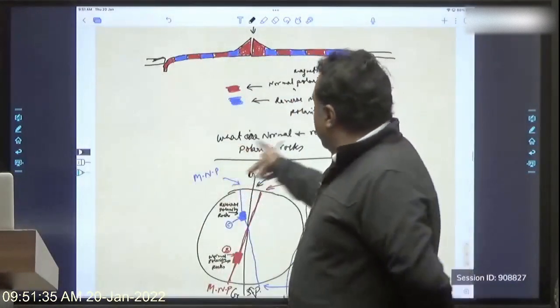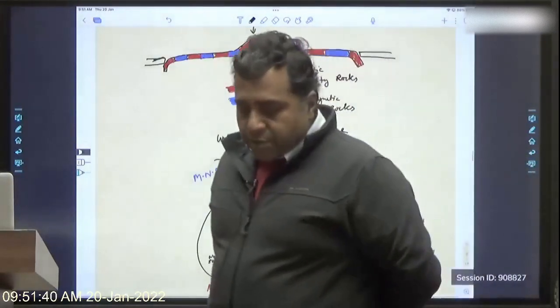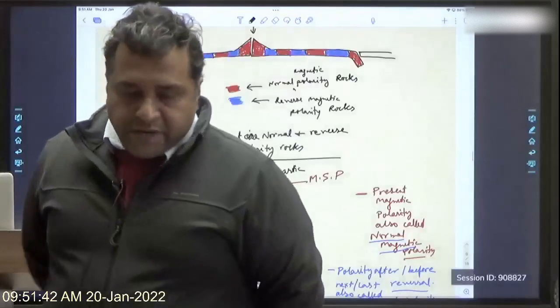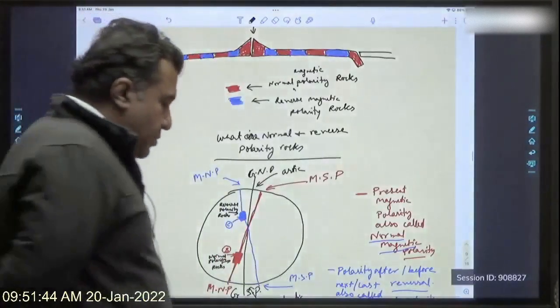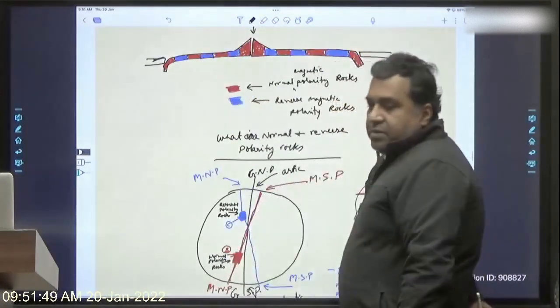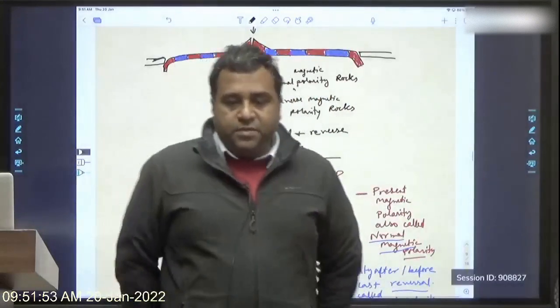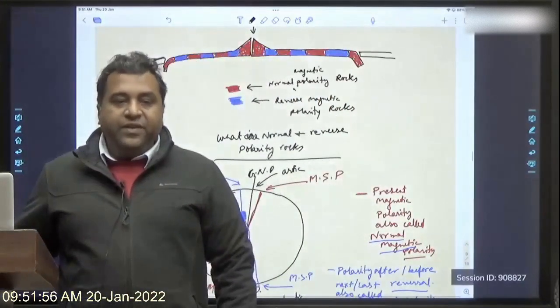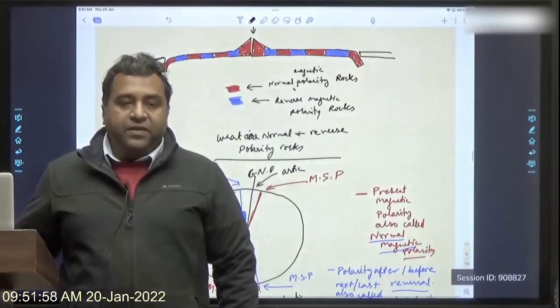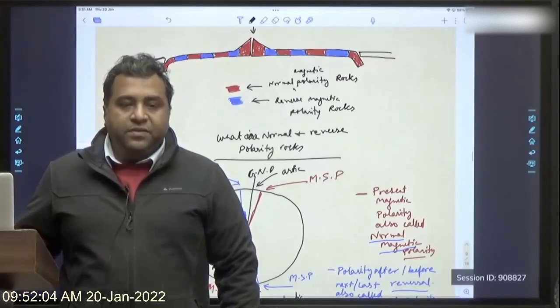What is normal and reverse polarity? That write down. Normal and reverse polarity. Under that write down, what is normal and reverse polarity rocks? We know that Earth's magnetic fields reverse.